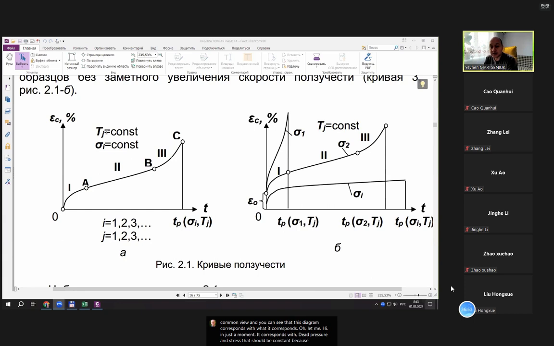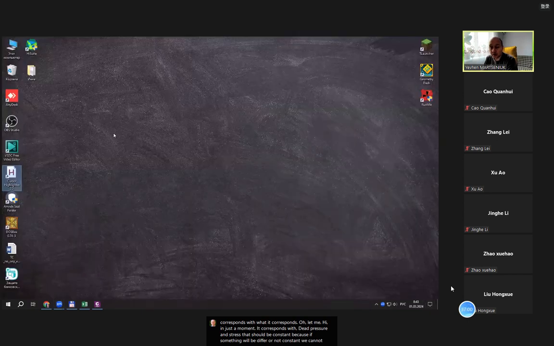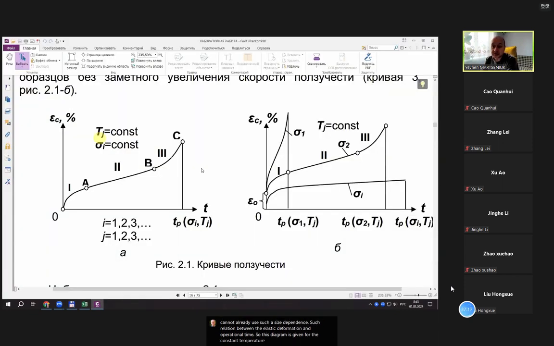Because if something is different or not constant, we cannot use such a dependence, such a relation between the deformation and operational time. So this diagram is given for constant temperature and stress during the loading of the structural component of the material. And this is a general view.